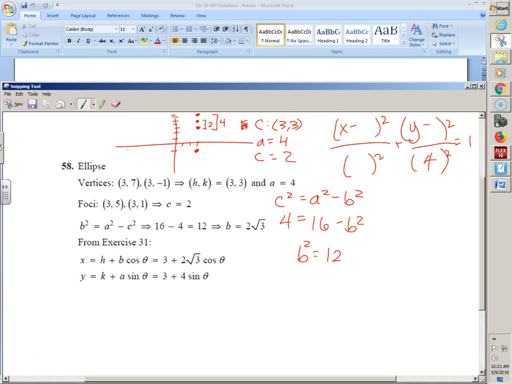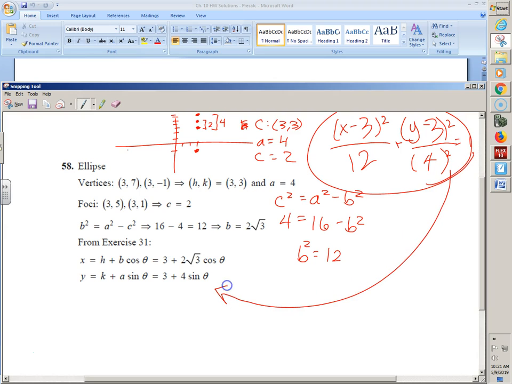So I don't even have to plug in B squared. I should say, I don't have to plug in B. Then my center is 3, 3. And you can take this standard form from last chapter and go put it in parametric.